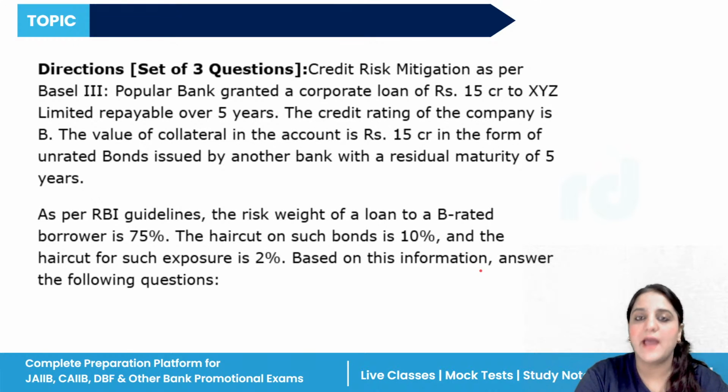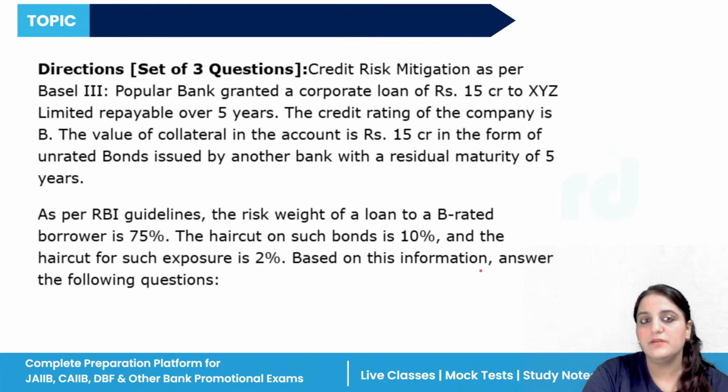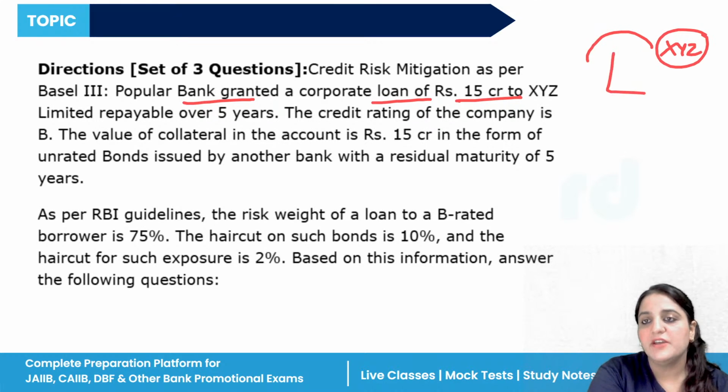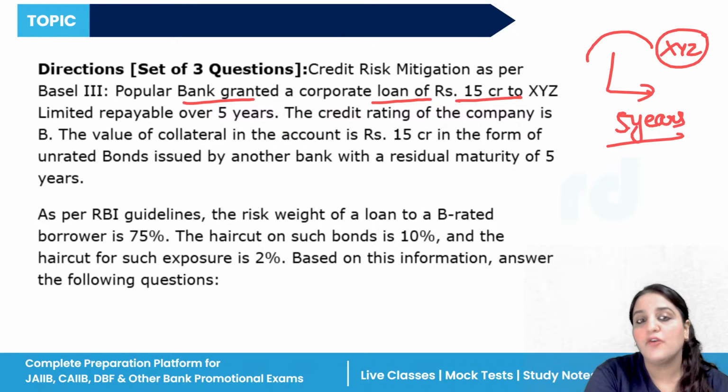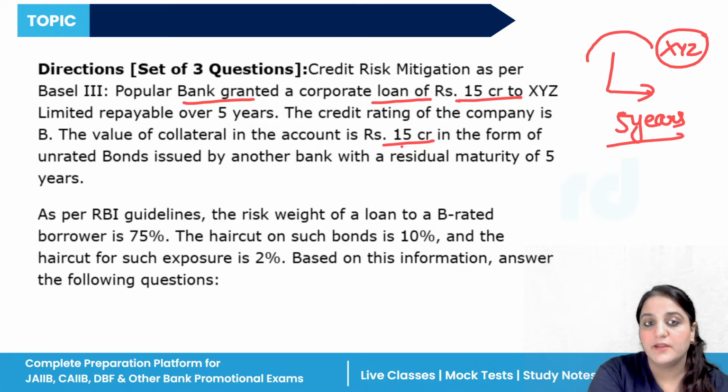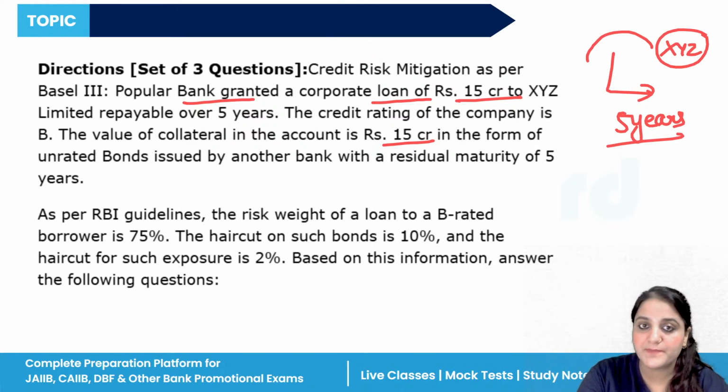Okay, the question is saying that, credit risk mitigation as per Basel III, Popular Bank is granted a loan of 15 crore to XYZ Limited, which is repayable over 5 years. The credit rating of the company is B. The value of collateral in the account is rupees 15 crore in the form of unrated bonds, which is issued by another bank, but with a residual maturity of 5 years.